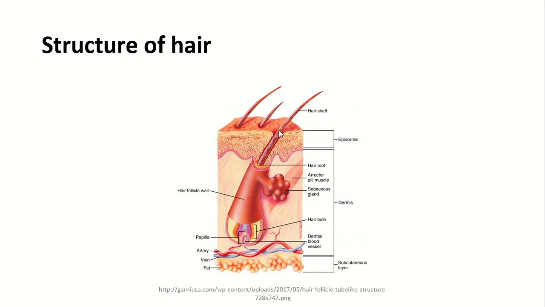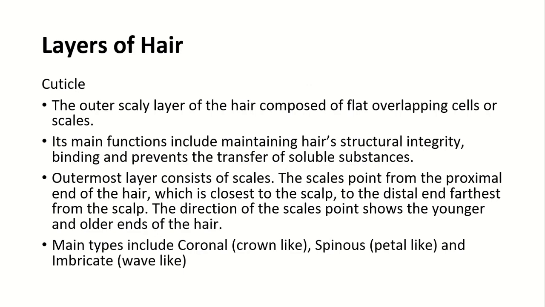So, when we have hair as evidence, these scales help us determine the direction of the hair. The direction of scale points shows the younger and older ends of the hair.